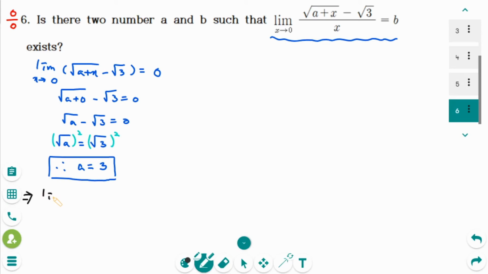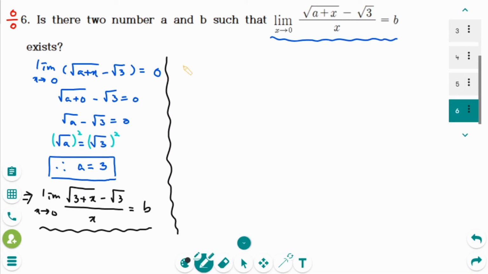So limit as x approaches 0, a equals 3, so put here square root of 3 plus x minus the square root of 3 over x equals b. And then back to the left side.